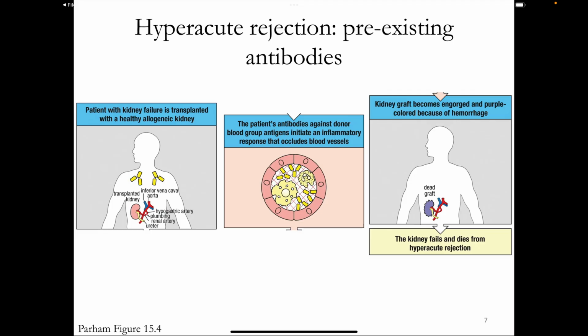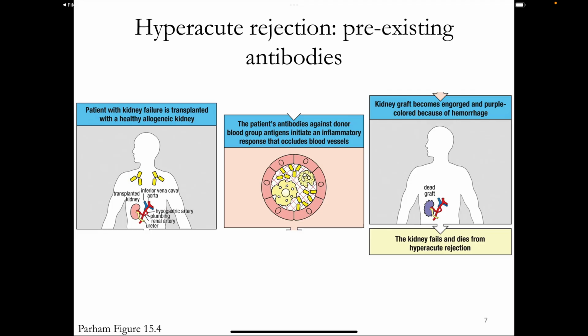And in fact, because VDJ recombination gives every combo, developing in your bone marrow, everyone will have B cells that make antibodies against the A antigen and B cells that make antibodies against the B antigen.